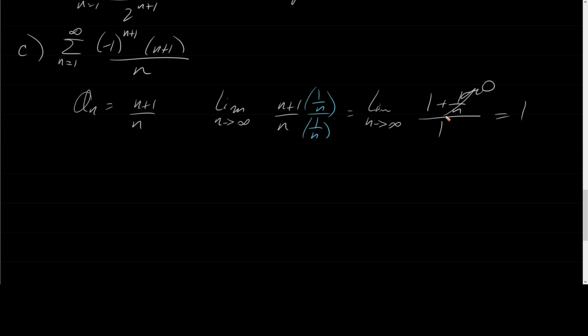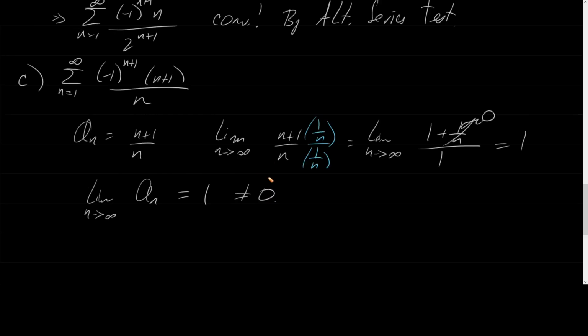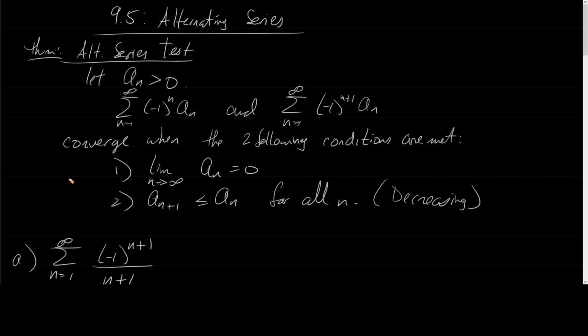So let's see what we found here. We found that the limit as n goes to infinity of a sub n equals 1. But 1 is not 0. So it fails right away. Let me scroll up. It fails this first condition, that the limit of the sequence must go to 0.